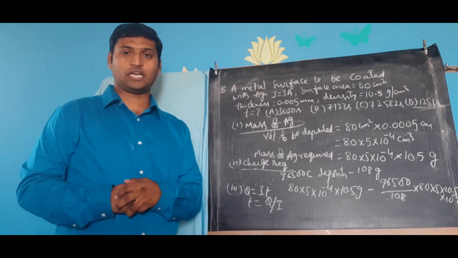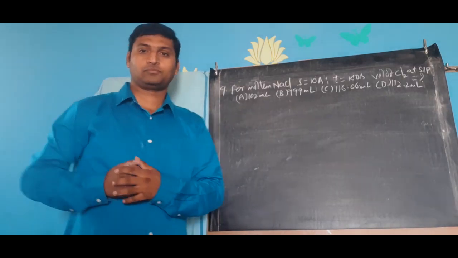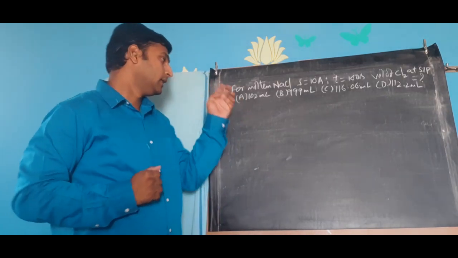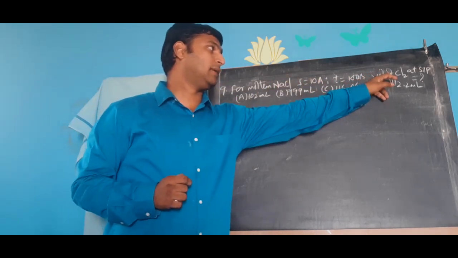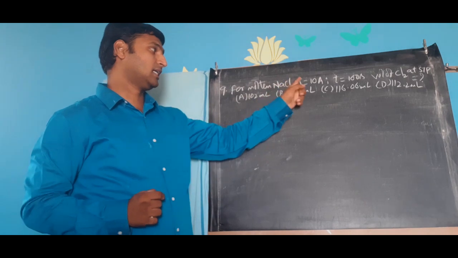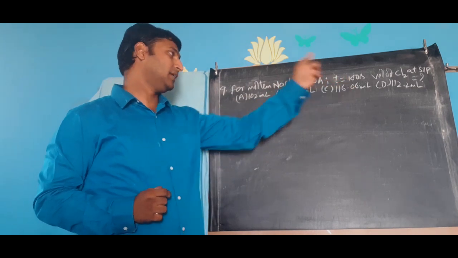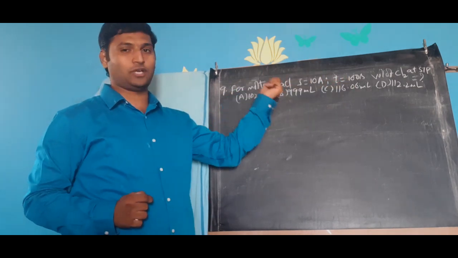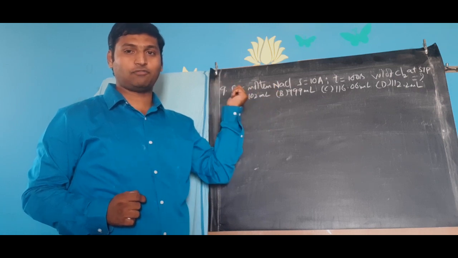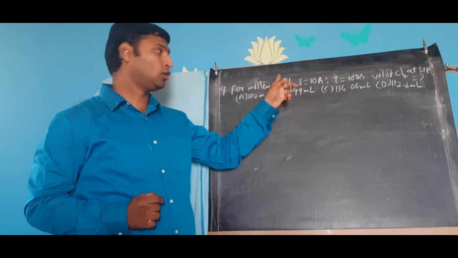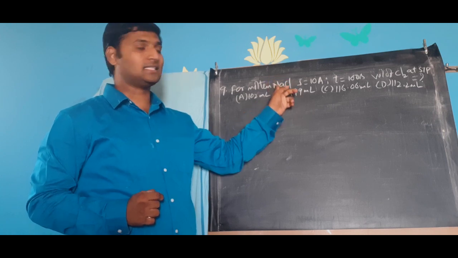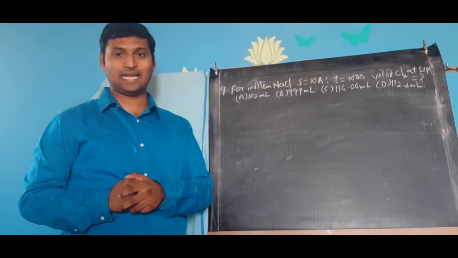Okay. Move on to question number 9. The volume of chlorine liberated at STP is asked. Current and time given for molten sodium chloride. We have studied during product formation that during molten sodium chloride electrolysis, sodium is deposited at cathode, chlorine liberated at anode, and he is asking you the volume of chlorine liberated at STP.